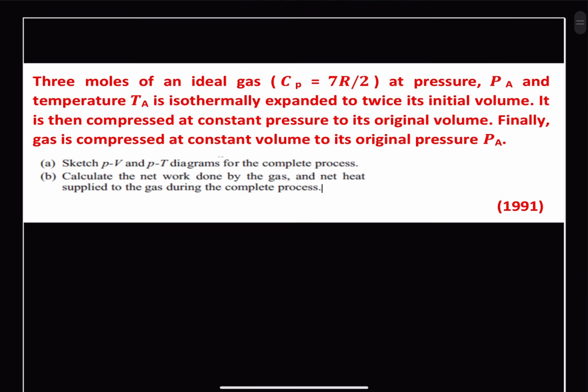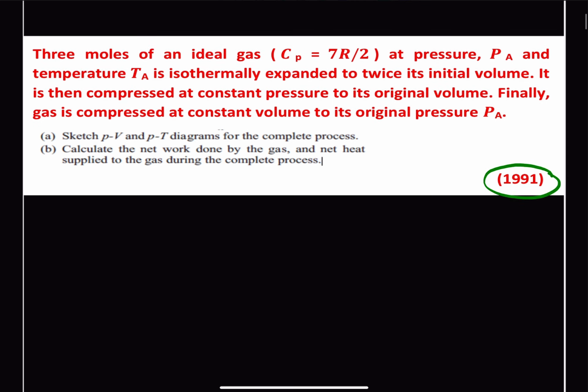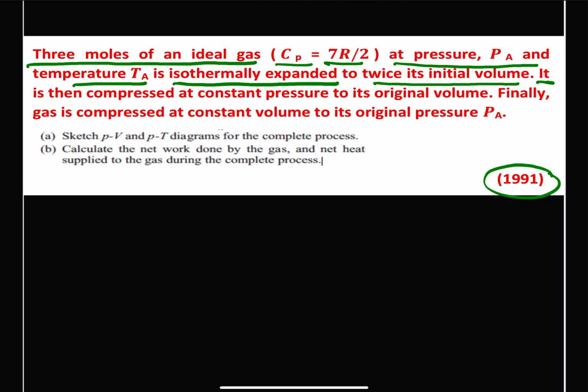So the first question, it was asked in the year 1991, and it states that 3 moles of an ideal gas, Cp 7R/2, at pressure Pa and temperature Ta is isothermally expanded to twice its initial volume. It is then compressed at a constant pressure to its original volume.